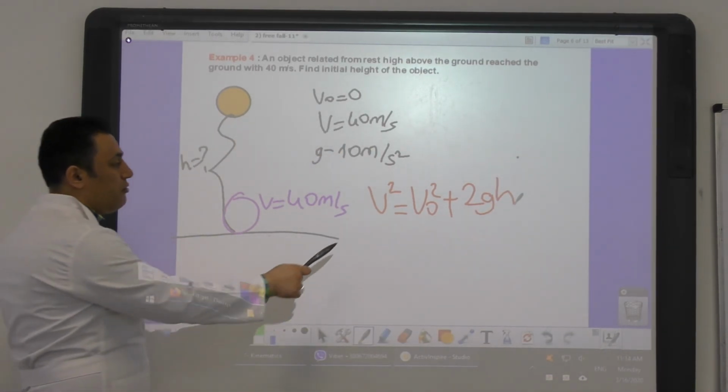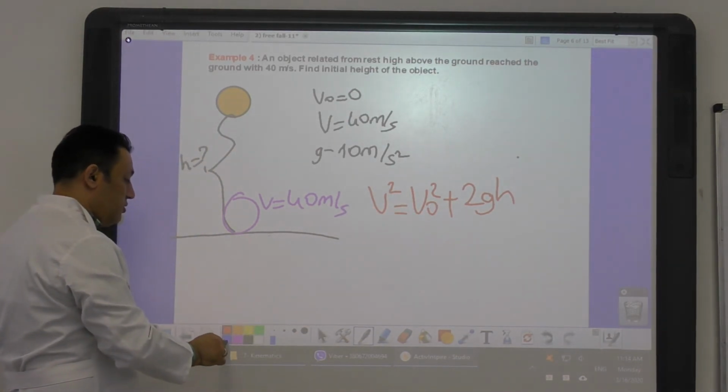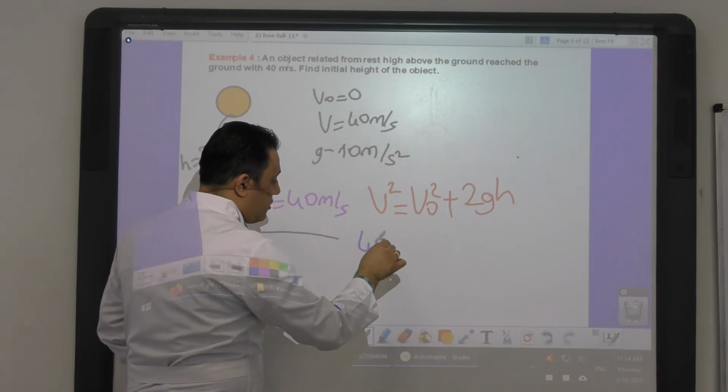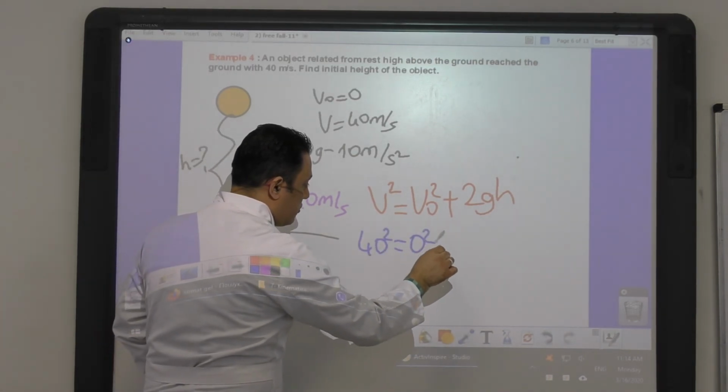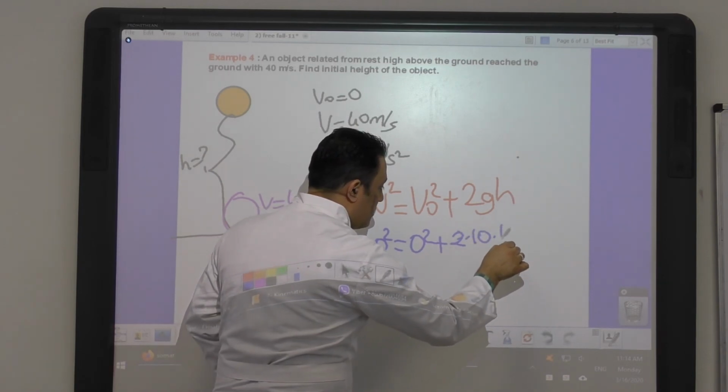Since we know the final velocity, the initial velocity, and the gravitational acceleration is constant, 40 squared would be equal to 0 squared plus 2 times 10 times height.